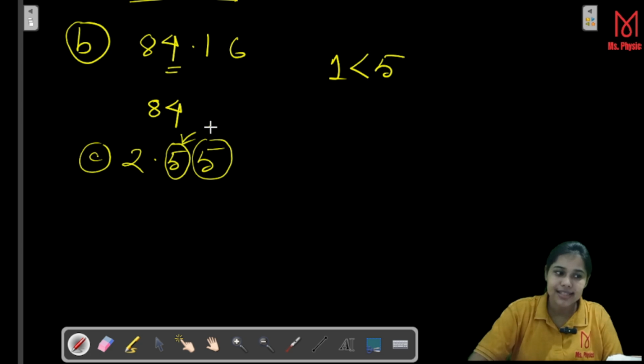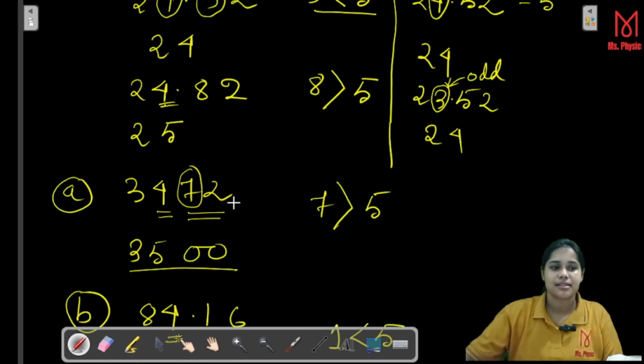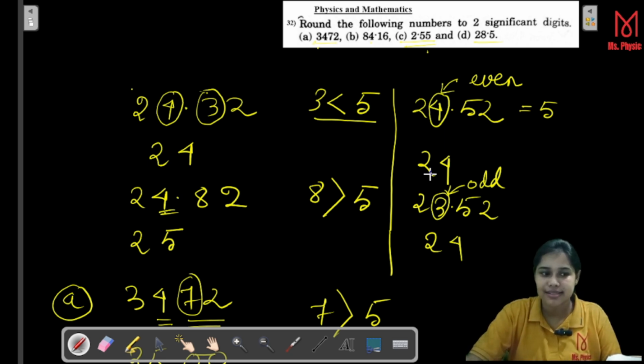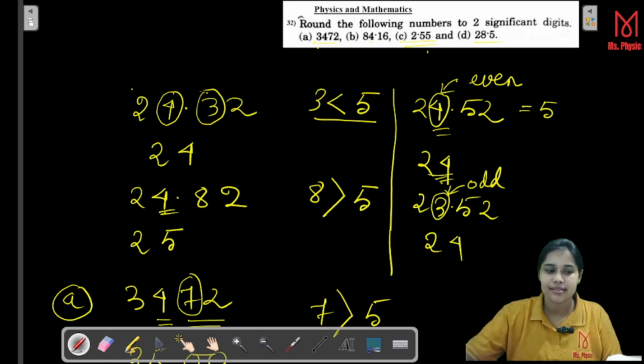Since it is odd, as I told you, when it is odd, you have to add 1 to it. So it is 2.6. But when it is even, then it will remain unchanged. See, here 4 was unchanged.